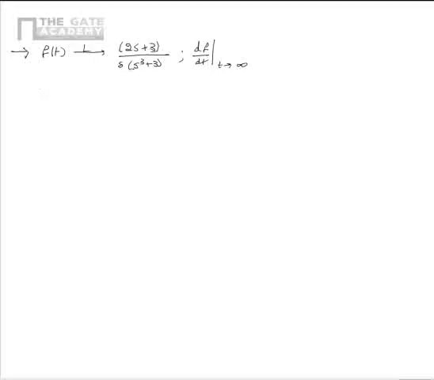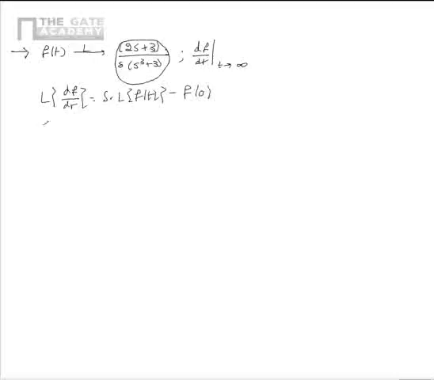We know that if (2s plus 3) divided by s into (s cube plus 3) is the Laplace transform of a function f of t, the Laplace transform of df by dt can be given as s into the Laplace transform of f of t minus f of 0.